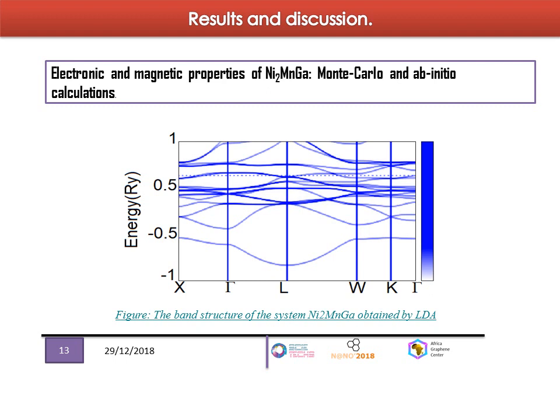The band structure confirmed that our compound Ni2MnGa has a metallic behavior, with an overlap of bands at the gamma point, as mentioned in the figure.